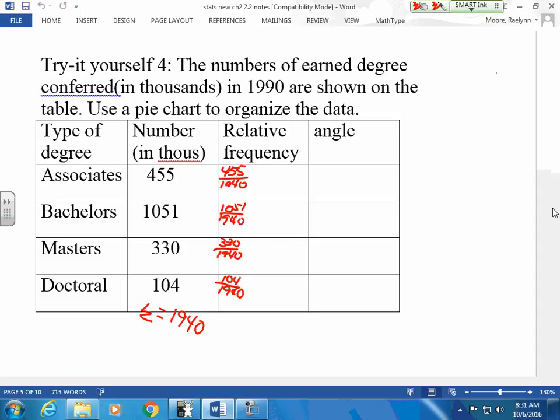We're going to take it and then we're going to multiply it by 100. Well, actually, let's not multiply it yet. So this will be 0.235, then multiply it, just move the decimal.